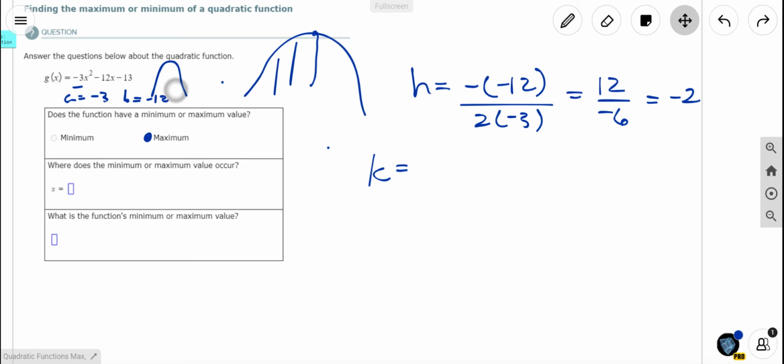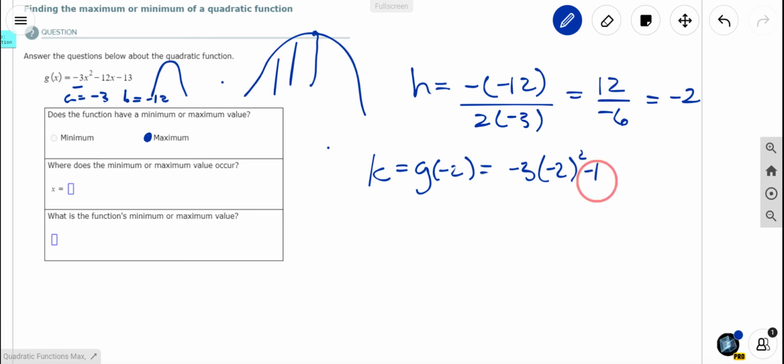Okay, here we go. K is equal to G of negative 2, which is equal to negative 3 times negative 2 squared minus 12 times negative 2 minus 13. If you're having trouble keeping yourself straight, you might want to write the equation first.